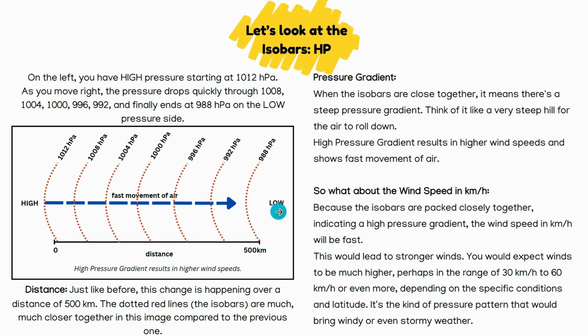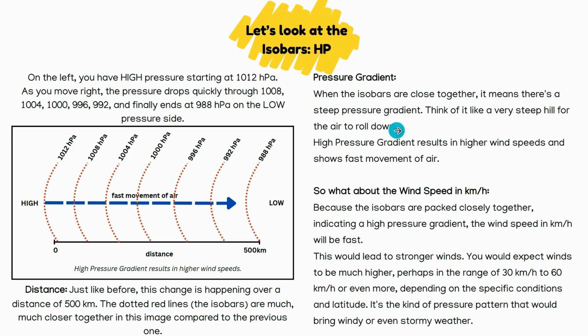It's happening over the same distance of 500 kilometers, and the isobars, these red lines, are much closer together compared to the previous one. When the isobars are close together, it means there is a steep pressure gradient. Think of it like a very steep hill for the air to roll down.